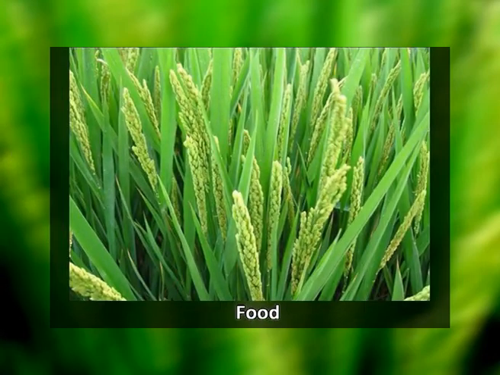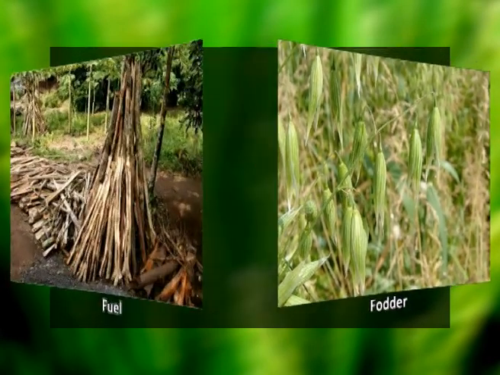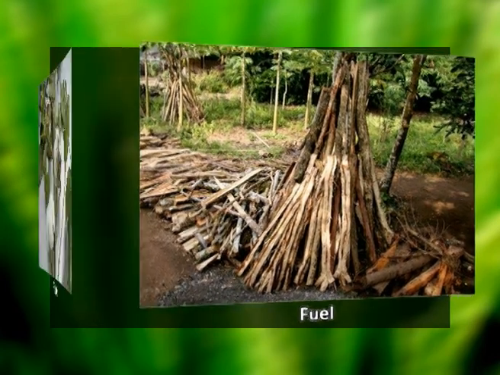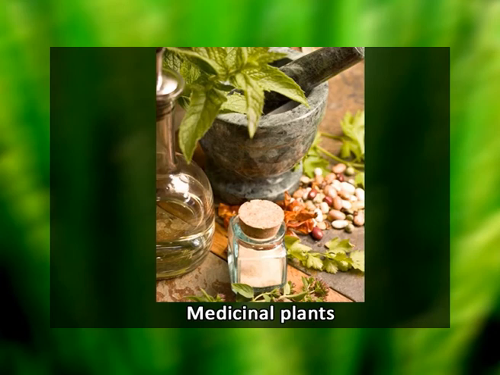In fact, the majority of our plants which we use economically for different purposes like food, fodder, fuel, fiber, or even medicinal plants, the majority of these plants belong to angiosperms.